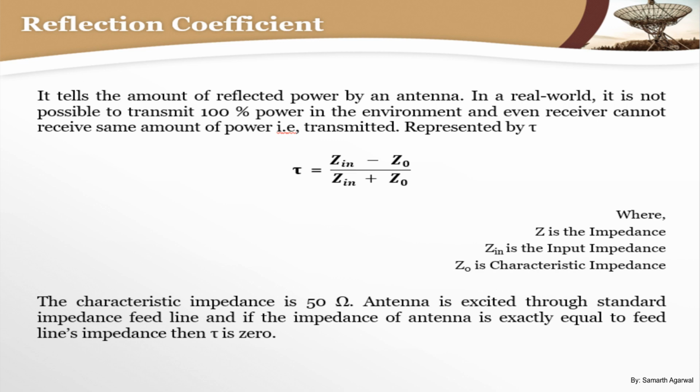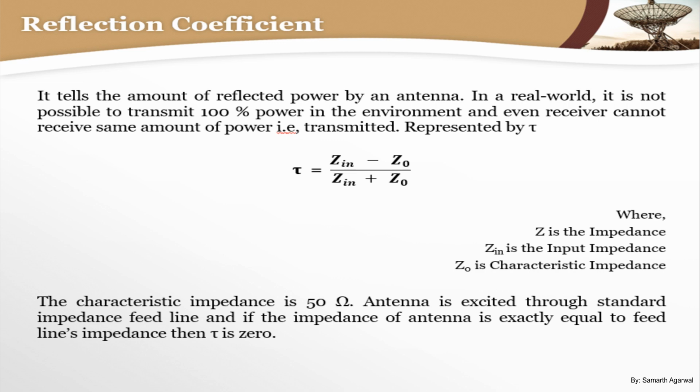So reflection coefficient will be denoted by tau, which is equal to Zn minus Z naught divided by Zn plus Z naught, where Zn represents the input impedance and Z naught represents the characteristic impedance, which here in our case is 50 ohm. So Z naught is globally, wherever the antenna is designed, fabricated or tested, a 50 ohm impedance.